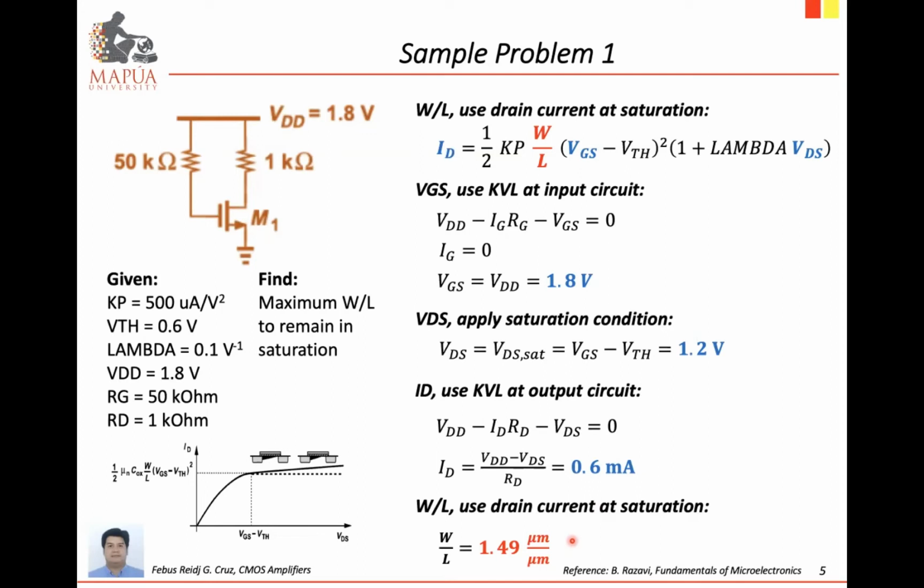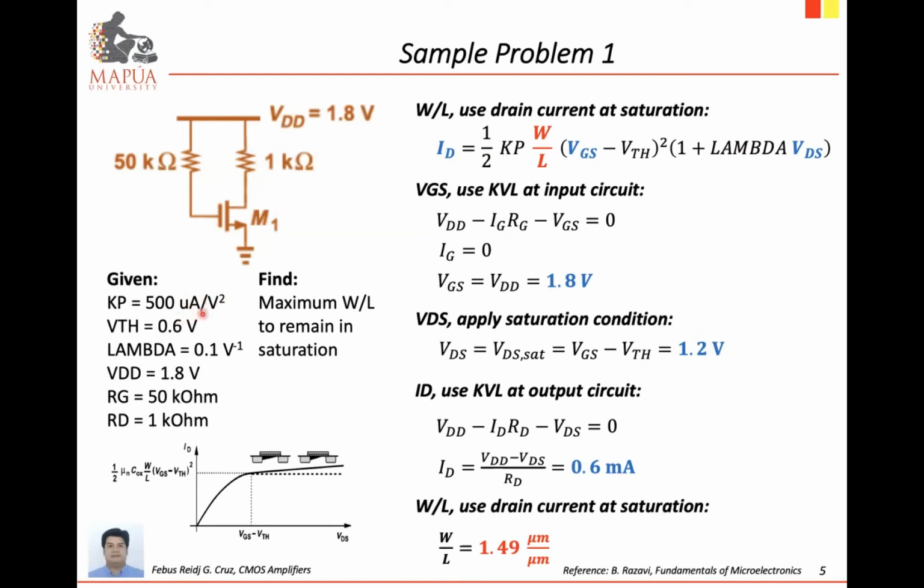Sir, yung Kp po, ano pong parameter? Transconductance po ba? Yung Kp, it describes the characteristic of the MOS transistor on how much drain current, yun yung microampere mo, will be provided for a given VGS.